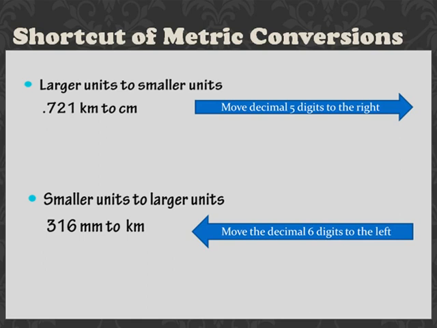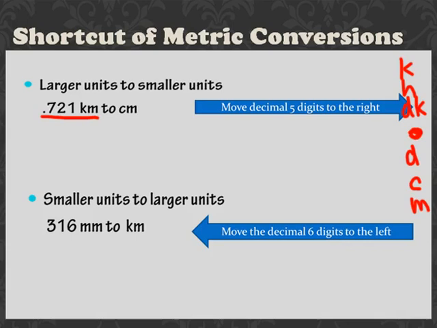Okay, with metric it's pretty nice because you can also do some other conversions. You remember it goes kilo, hecto, deca, then the unit, like meters. In this case it'll be meters. Then you've got deci, centi, and milli. Anyway, we're going from 0.72 kilometers to centimeters, so it's larger units to smaller units, so we'll move our decimal to the right.